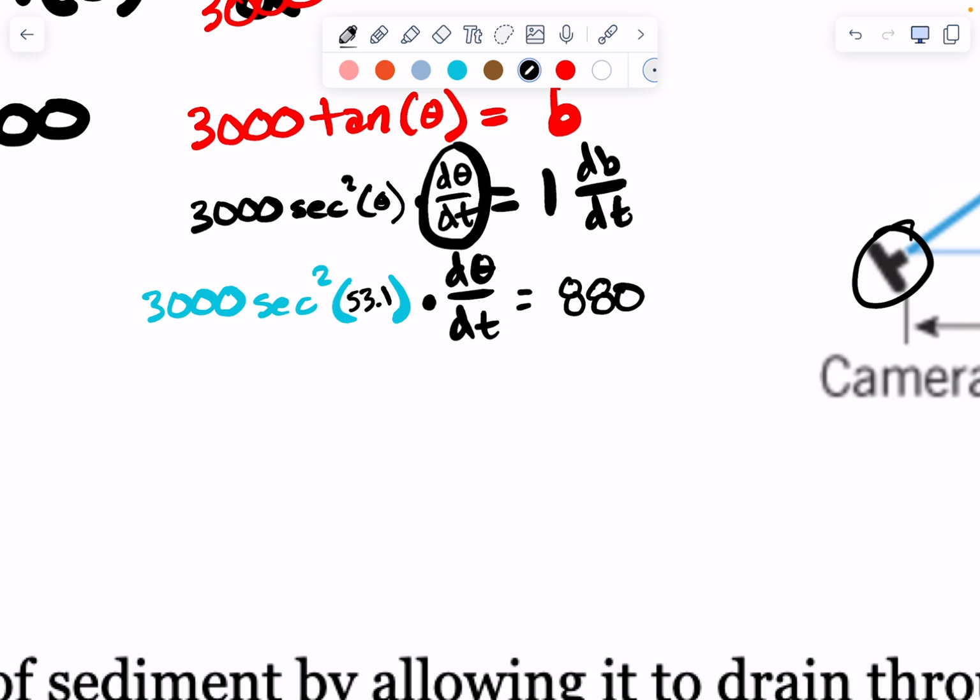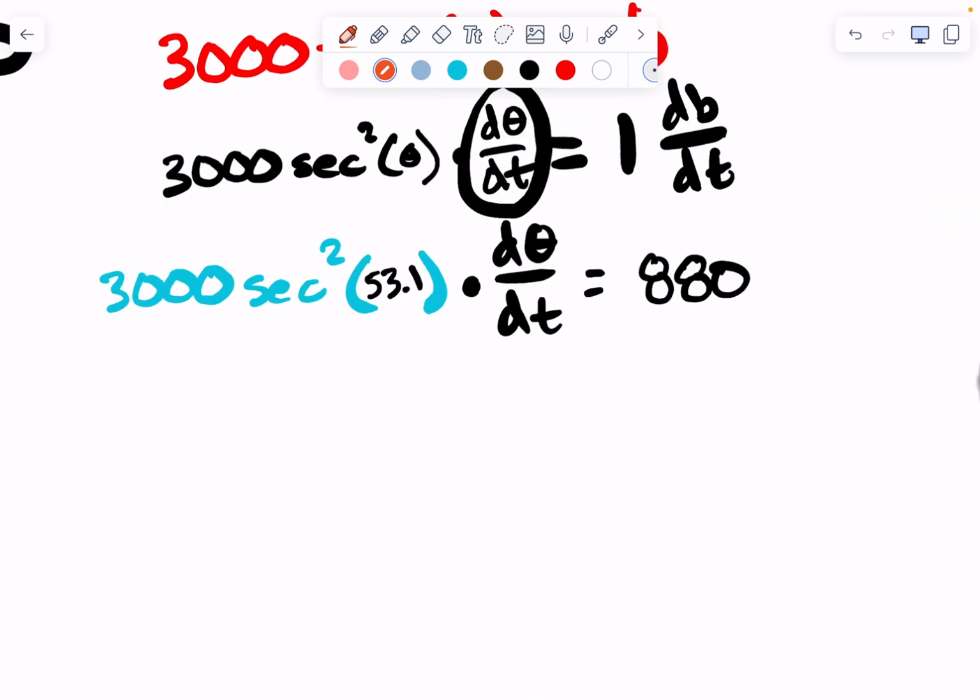Do you know how to do secant on your calculator? You don't have a secant button on your calculator. But what do you have? You have cosine, and cosine is the opposite of secant, right?